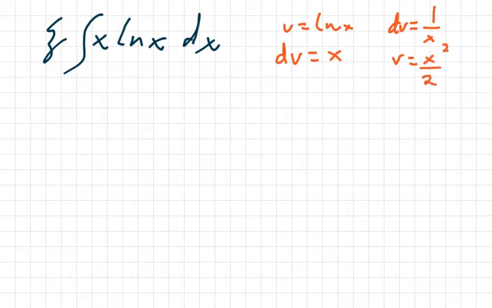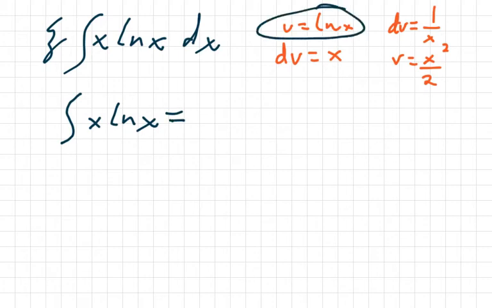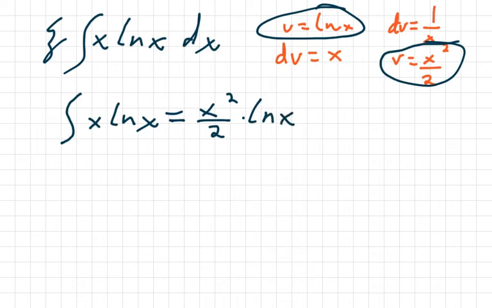So now, when I go down and do the question, I get x ln x. And that just always equals your u value times your v value. It doesn't matter what order you write it in because it's multiplication. So I'm just going to write it like this. And we don't have to do anything with that. That part's done unless we simplify it later.